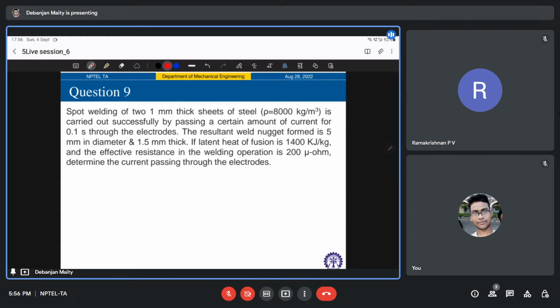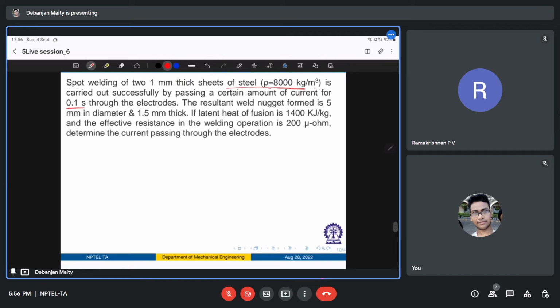It says that spot welding of two 1 mm thick sheets of steel, for which the material property is given in terms of density, is carried out successfully by passing a certain amount of current for a time that is given again. So all the concepts are revolving around this equation only. So that should not be too tough to understand.